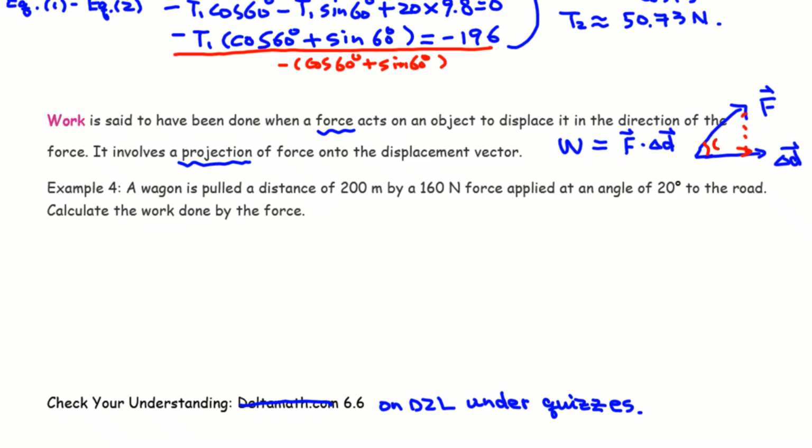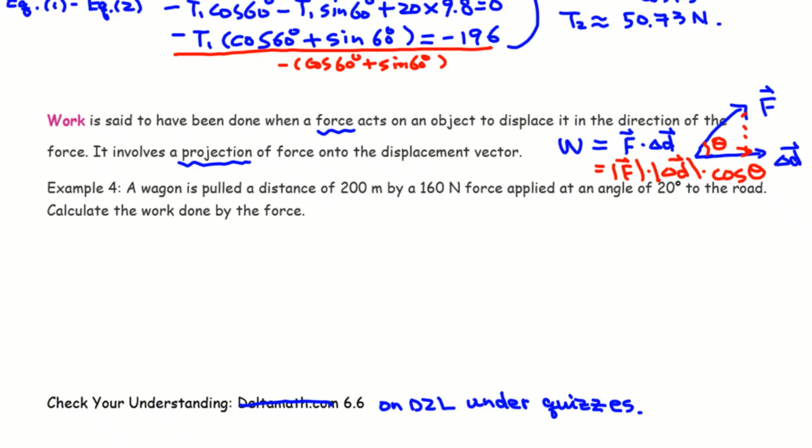If this is angle theta, then we know this is the adjacent, so the work equals the magnitude of force times the magnitude of the displacement, times the cosine theta. This is what we call the dot product. If it's a cross product, then it will be sine theta, and the direction will be given by the right hand rule.